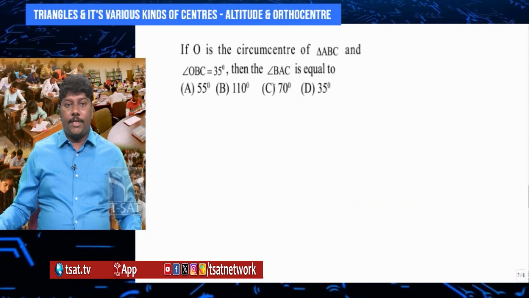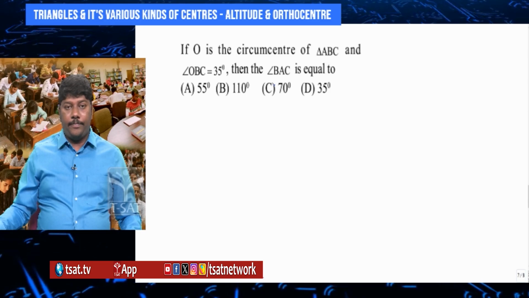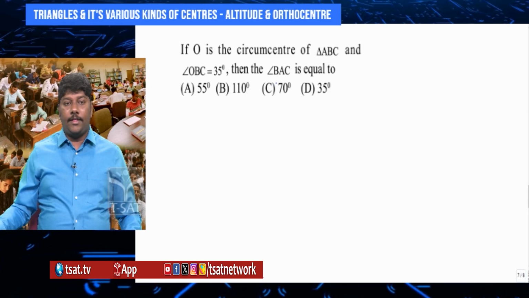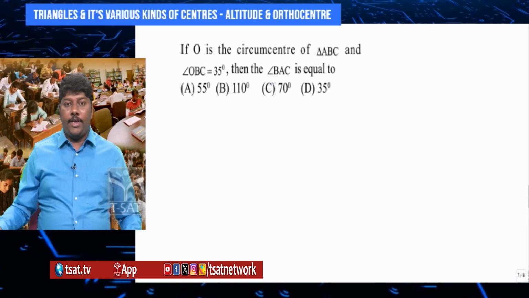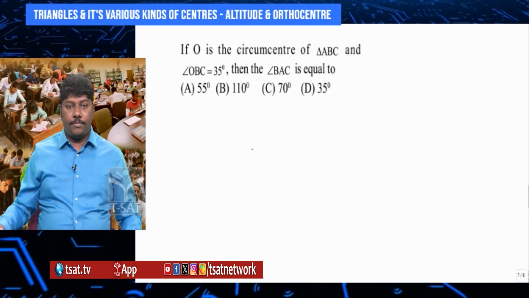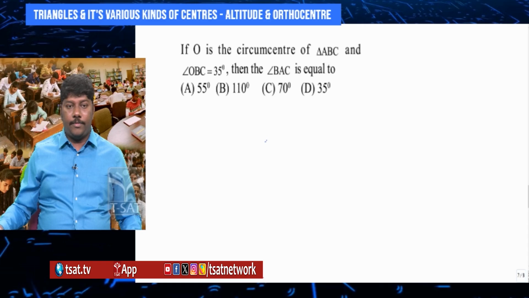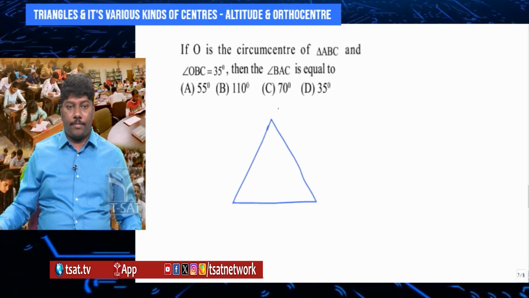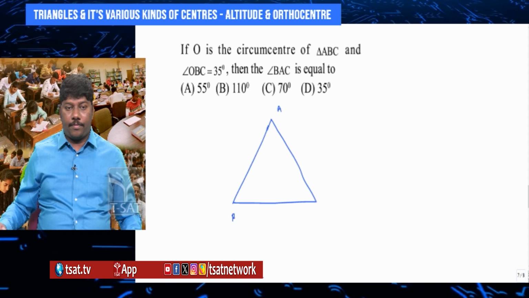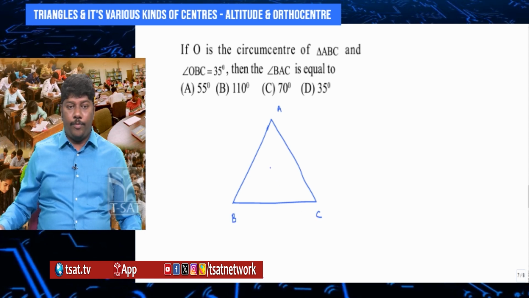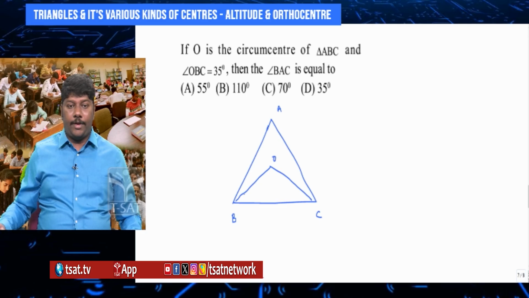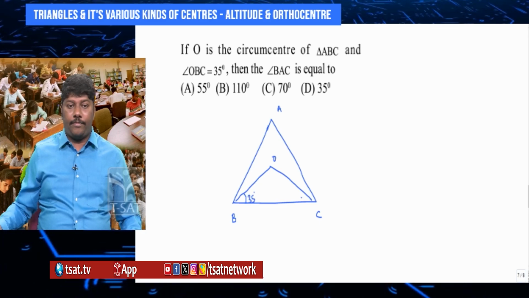If O is the circumcenter of triangle ABC and angle OBC is equal to 35 degrees, then angle BAC is equal to what? It's a circumcenter, O is the circumcenter. If OBC is 35, the opposite angle is also 35.